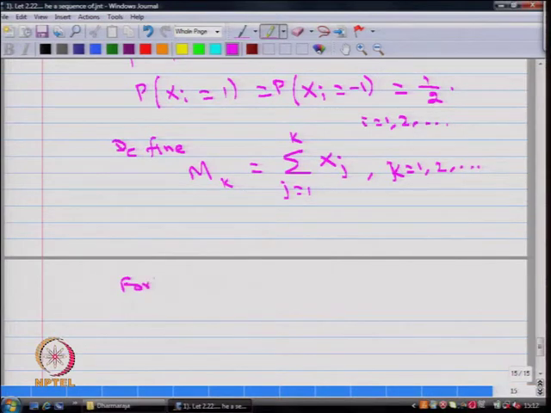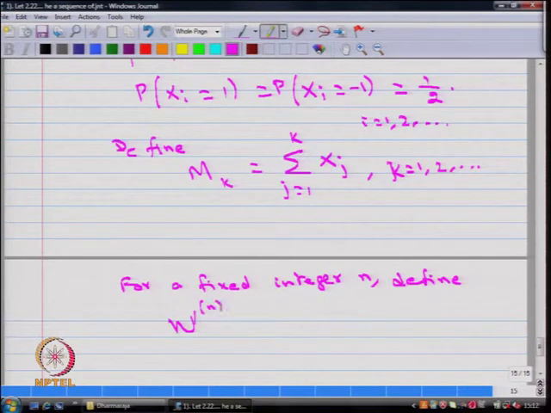For a fixed integer n, we define another sequence of random variables denoted by W superscript n of t, that is nothing but 1 divided by square root of n times M suffix n times t.